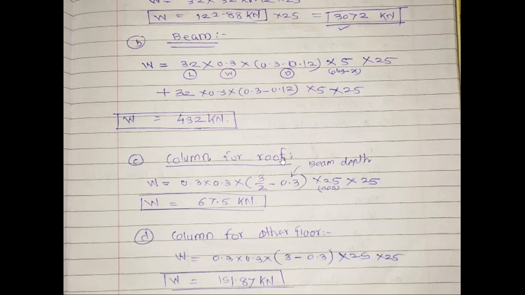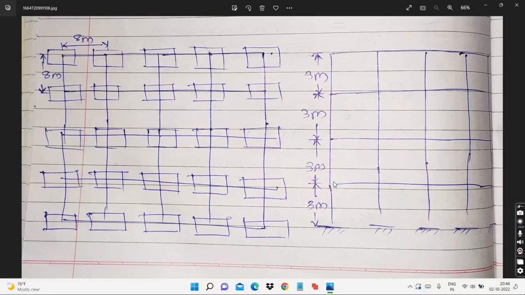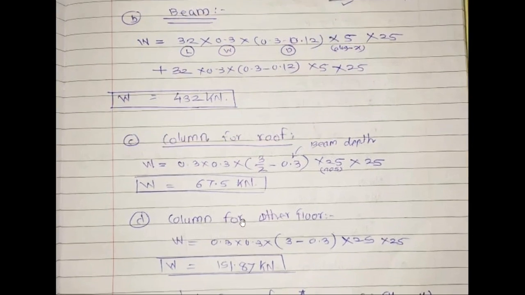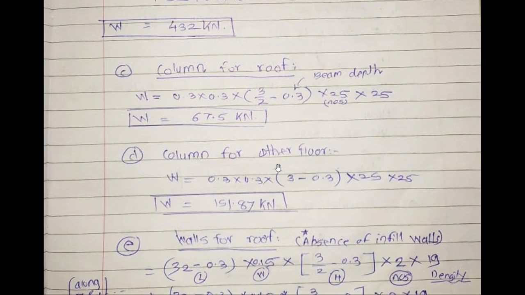Next, for the column, here length, width, height into number of columns. Let's see how many columns: 1, 2, 3, 4, 5; 1, 2, 3, 4, 5. 5 into 5, 25. So here we have 25 columns. Then this 25 indicates the density of concrete. Next, the column for other floors is to be calculated.